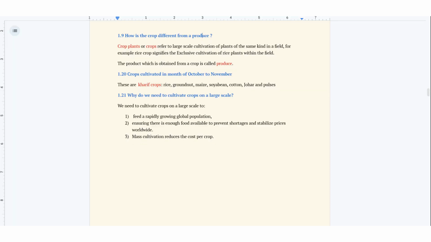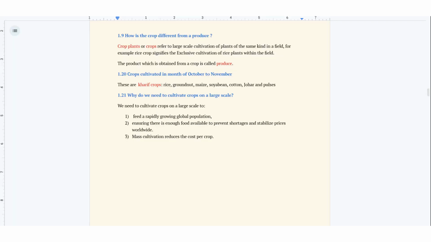So plant is a singular term; when you put multiple plants of the same kind in a field, it is called crop. And what you get out of the crop is called produce.